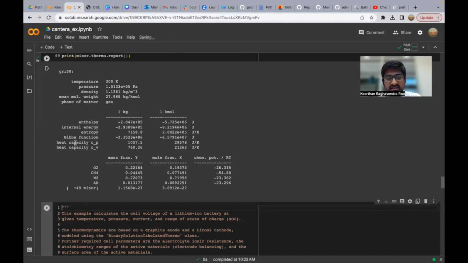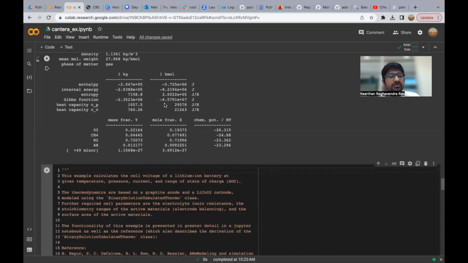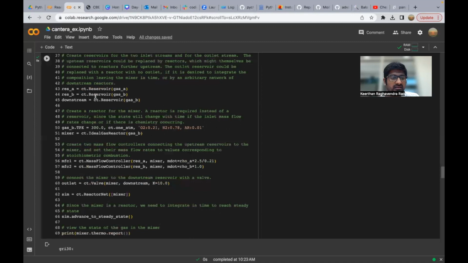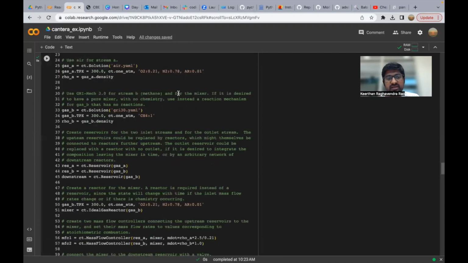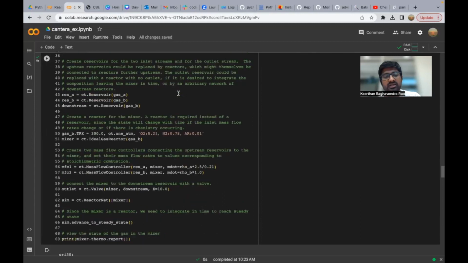Then it gives you information about the mass fraction and mole fraction of each of the components. And I think AR is basically argon. So this is what this particular example does. If you want to reuse this, you can always reuse it and change your input parameters the way you want. If there's a function that you want to change, you can always do that.